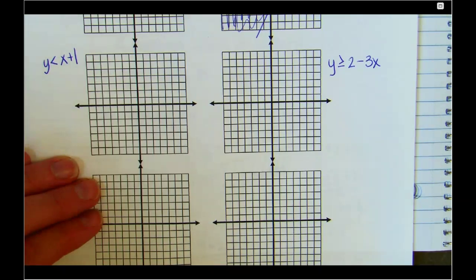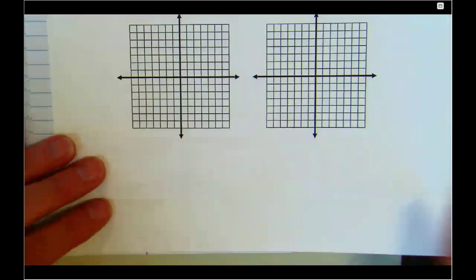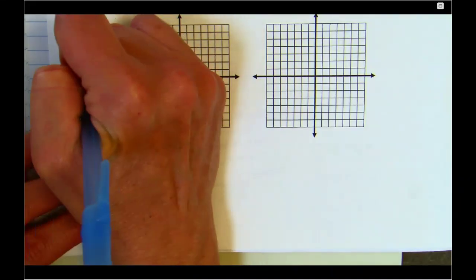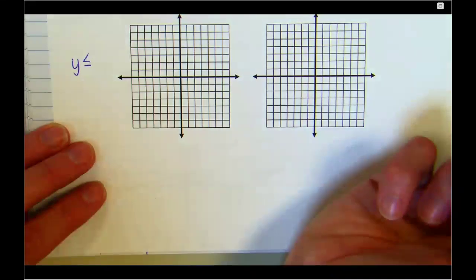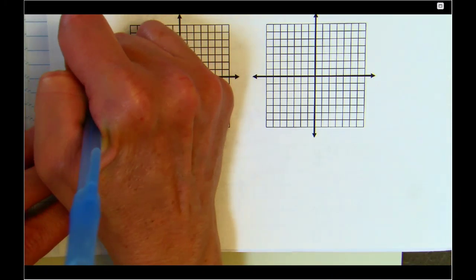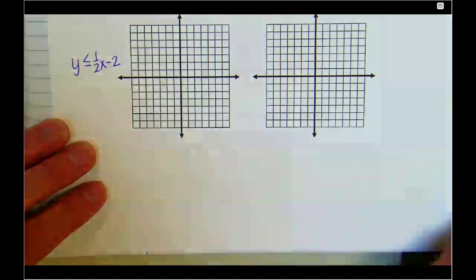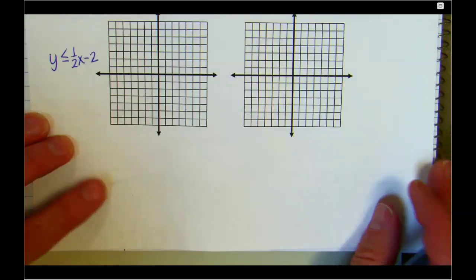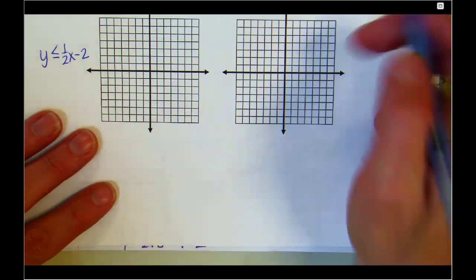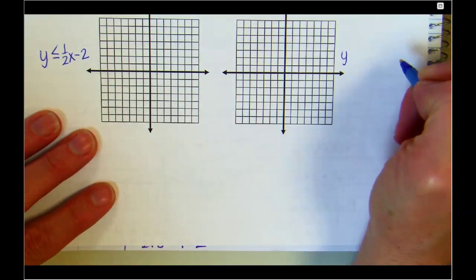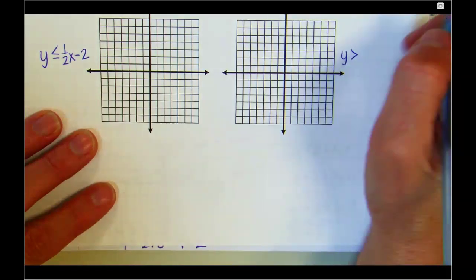Pause if you need to. This guy I want to be y is less than or equal to 1/2 x minus 2.